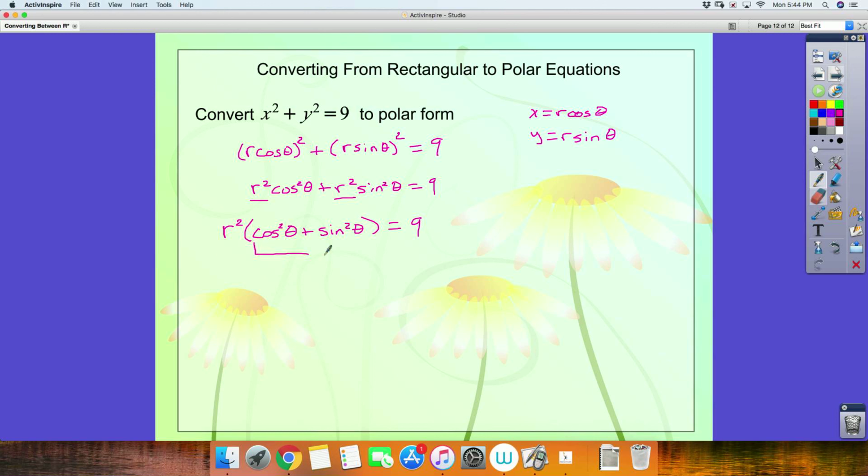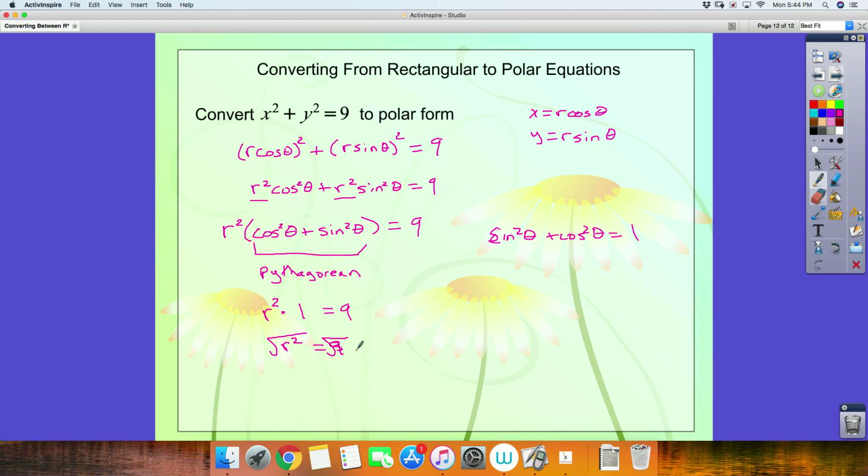Now, hopefully, this looks pretty familiar to you by now. That is one of our Pythagorean identities, which tells us that sine squared theta plus cosine squared theta is equal to 1. So we are just going to rewrite it as r squared times 1 equals 9, which is pointless since anything times 1 is itself. So we get r squared equals 9.